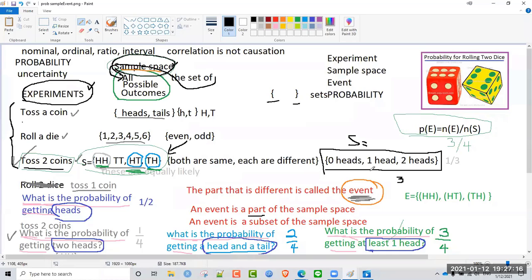And maybe it's not even easy to know. But if we can decide that these are all equally likely and these aren't, then this is going to be the better sample space to use. Now, maybe it's not intuitively obvious that these are not equally likely.